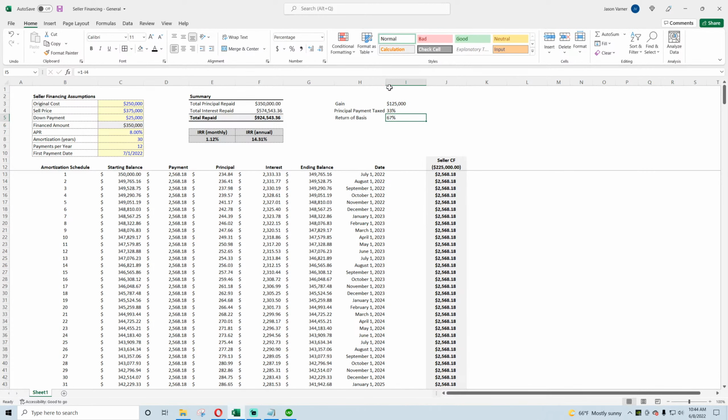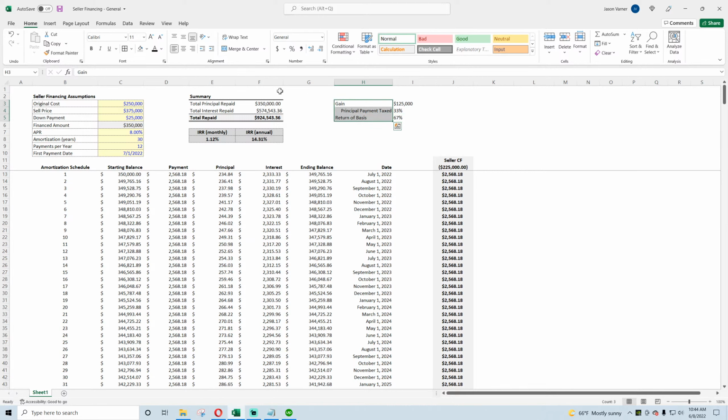So it's saying every time you get paid, 67% goes towards return of basis, not taxed. And so in the end, this makes sense. Total sales price minus this 125. I should only be taxed on 125.